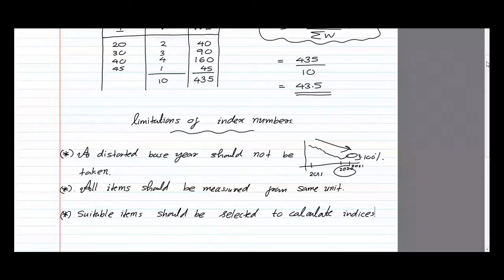We take some commonly used items, but in 2014, to show inflation low, what they did was, let's say coconut, last year it's 50 rupees. Now this year, let's say it is 100 rupees. Then having coconut in the list gives a very high value for the inflation index, because its change is very high.